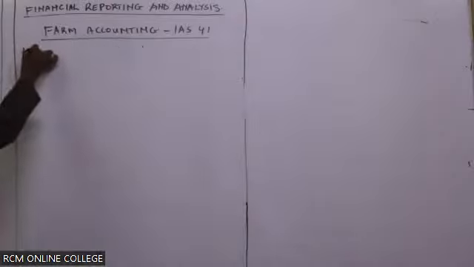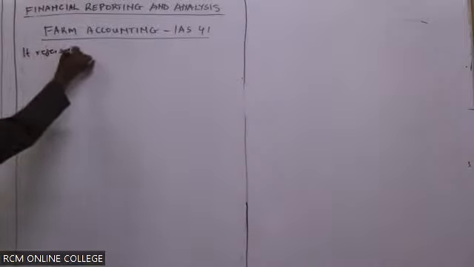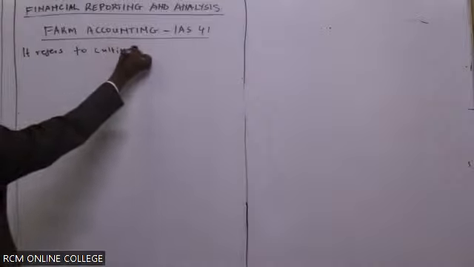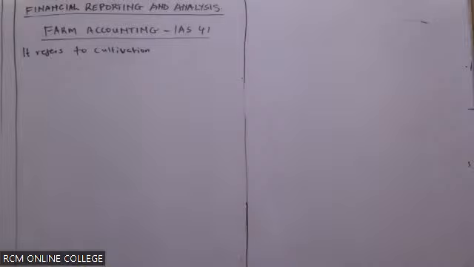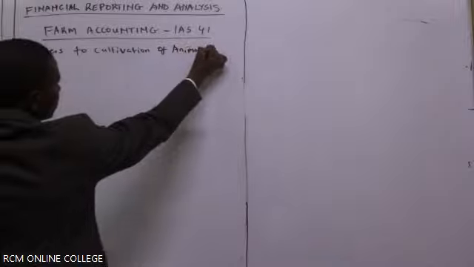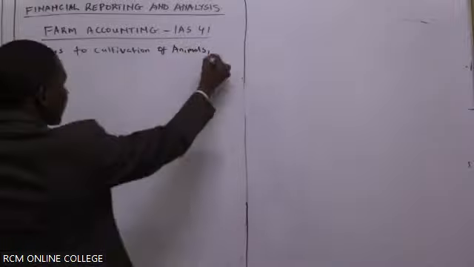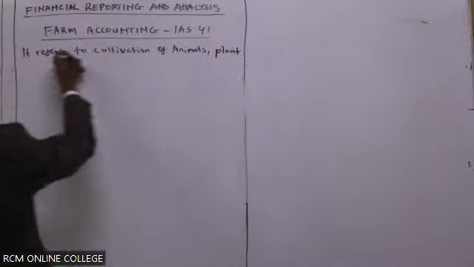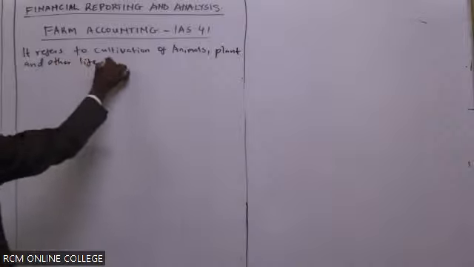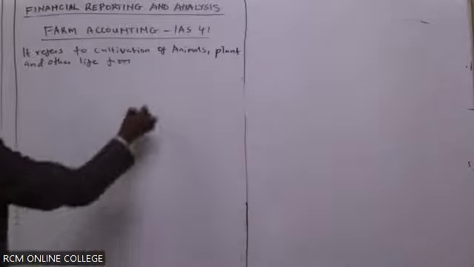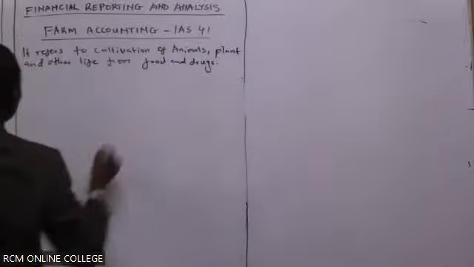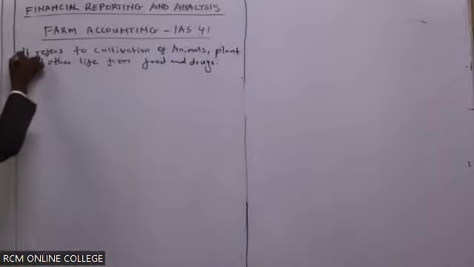It refers to the cultivation of animals, plants and other life forms for food and drugs.